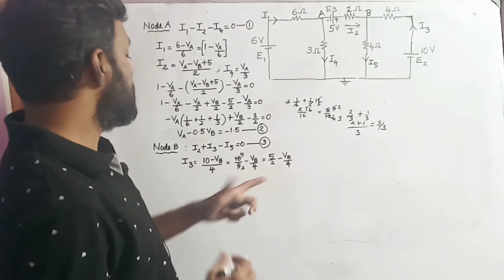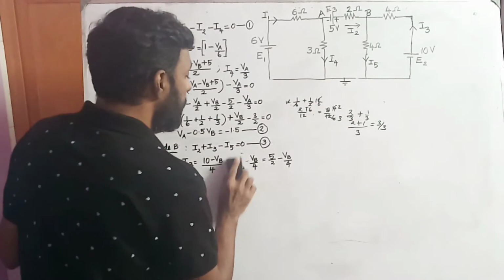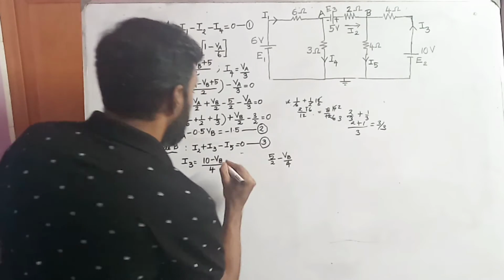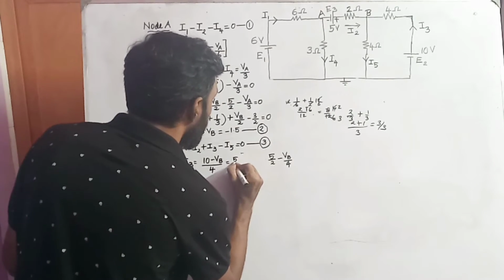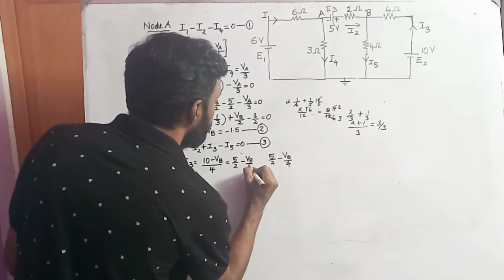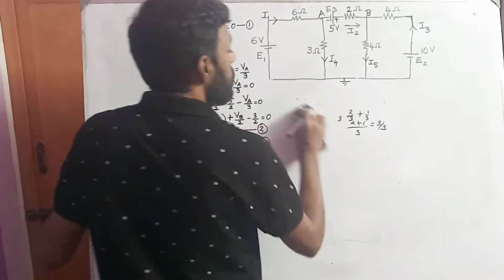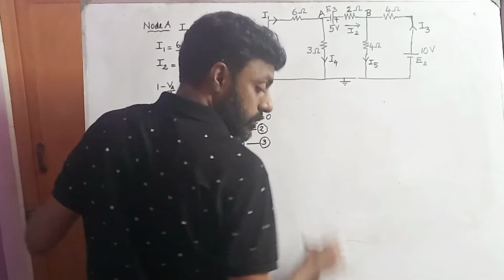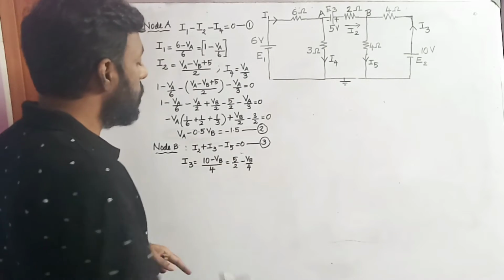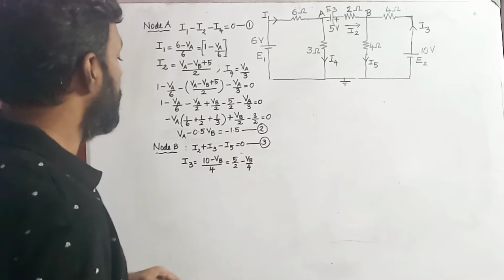So we have got the I3 value: 5 by 2 minus VB by 4.